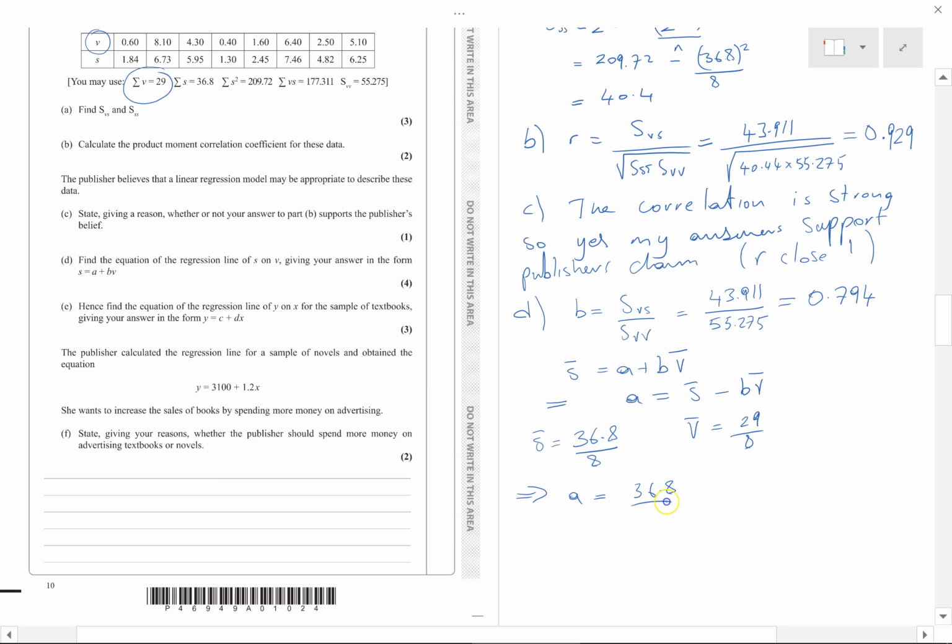36.8 over 8 minus B, which we've worked out from before. I'm going to use the full stored number in my calculator to work that out, to avoid any rounding issues. I'm not going to refer back to my three significant figures one here. And times by V bar, which is 29 over 8.